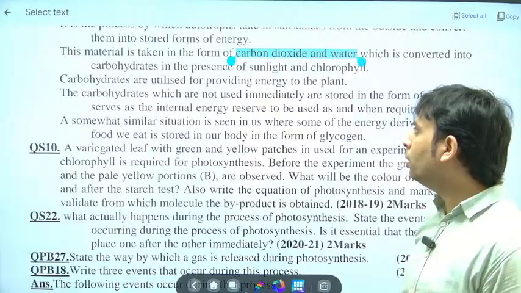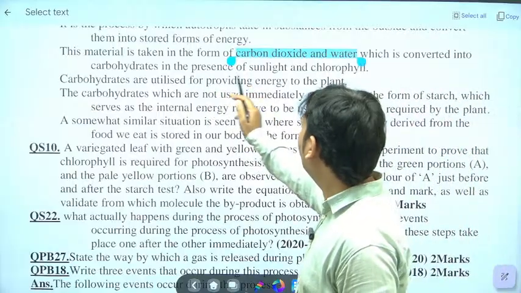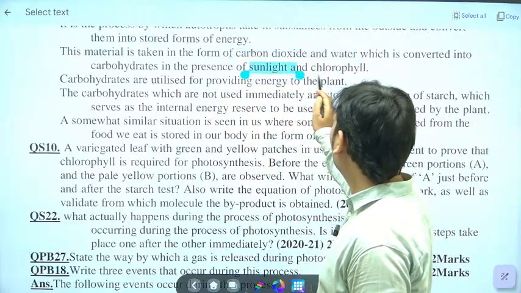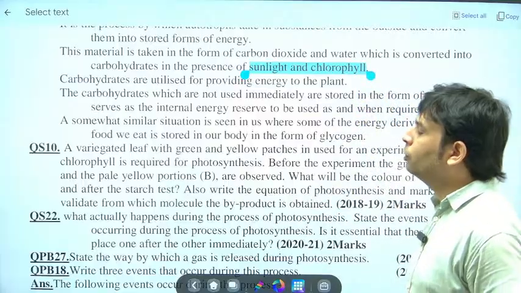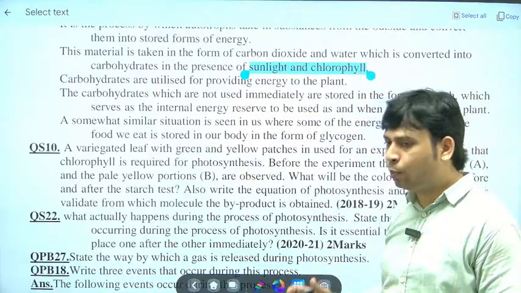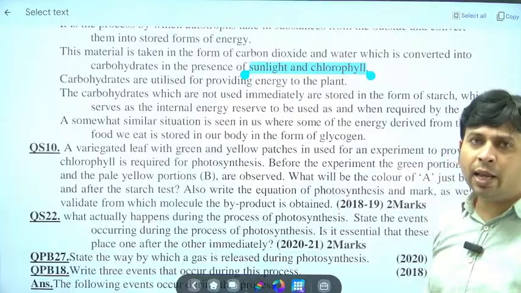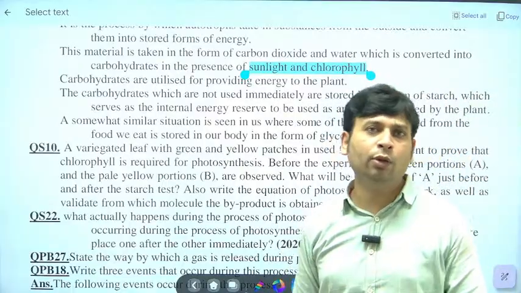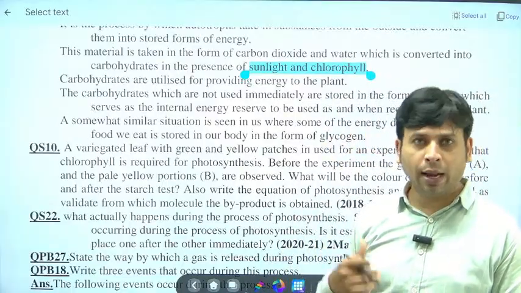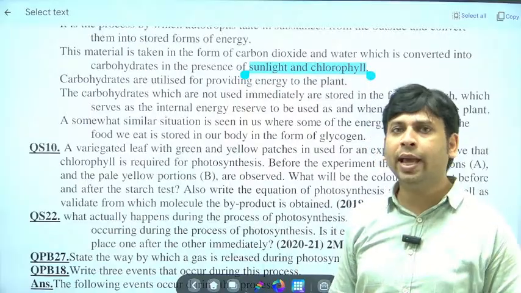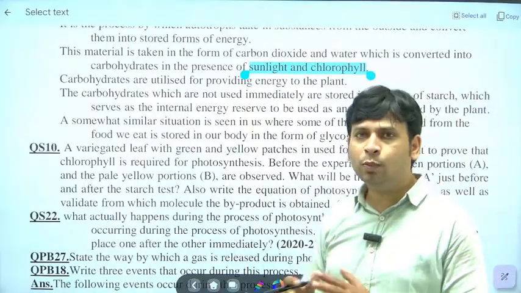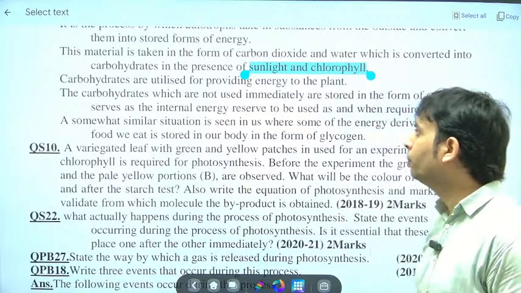They are converted into carbohydrate in the presence of sunlight and chlorophyll, and oxygen gas is released. So this process is called photosynthesis.